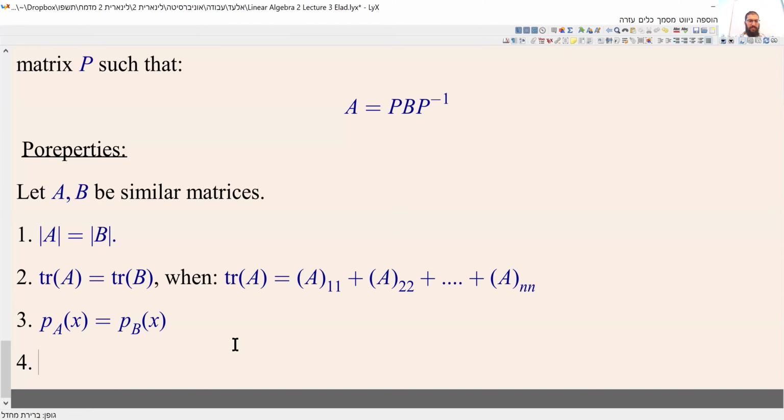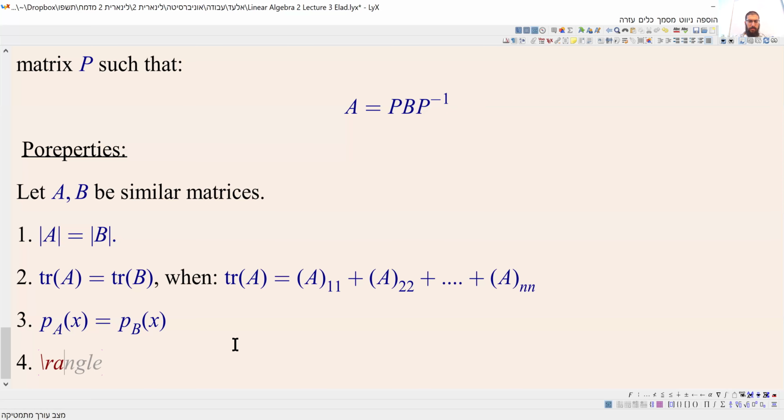Four, they have the same rank. Rank is the number of non-zero rows after you eliminate the matrix.